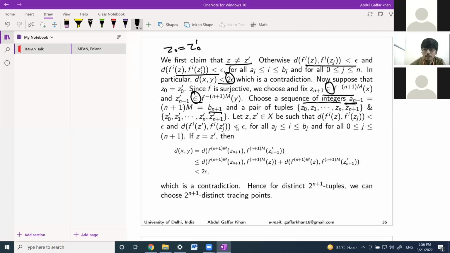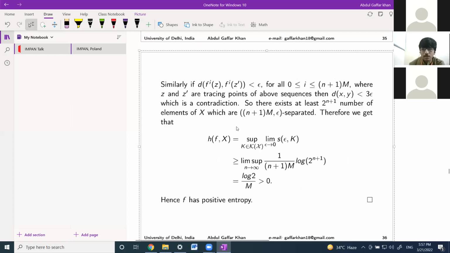Again, using the fact that it can be epsilon-traced, and that zn+1 belongs to this set, the tracing points z and z' must be distinct, because if z equals z', then using the triangle inequality the distance between the xi is less than 2 epsilon, which is a contradiction. Since z0, z1, ..., zn are chosen from x and y, we can choose 2 to the power n plus 1 distinct tracing points.